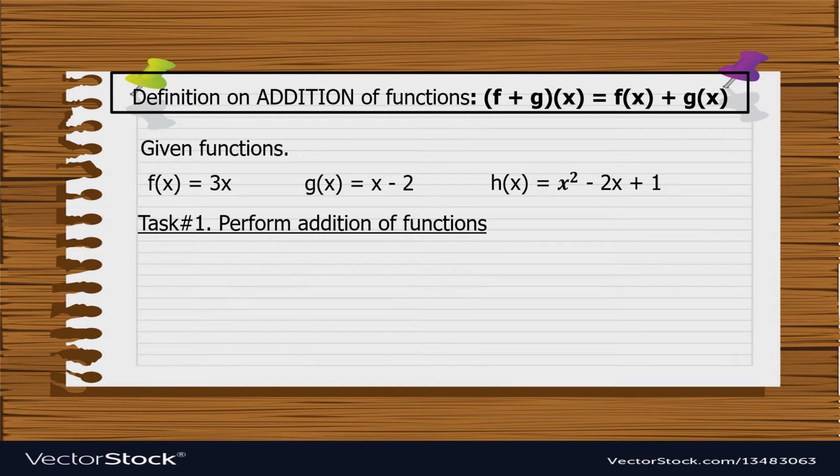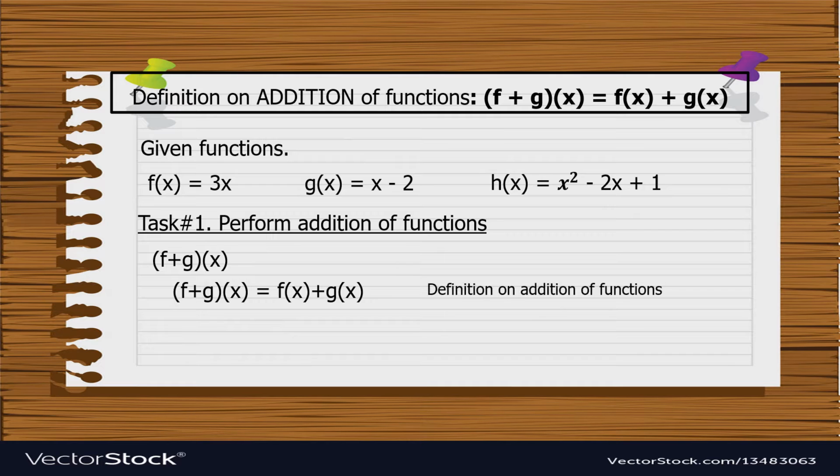Perform addition of functions. Now, you are tasked to find the sum of f of x and g of x. And f plus g of x is equivalent to f of x plus g of x using the definition of addition on functions.